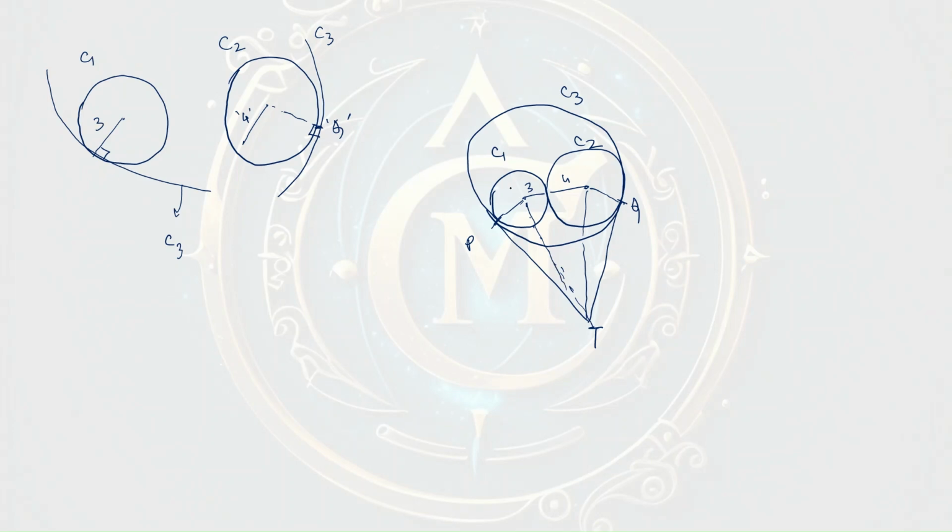Let us say this as M and this as N. So MT and NT are two line segments drawn by us. Now if we name this angle as alpha and this angle as beta, then we know that this is a right angle and this is also a right angle.